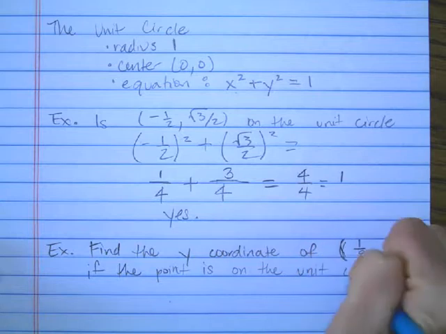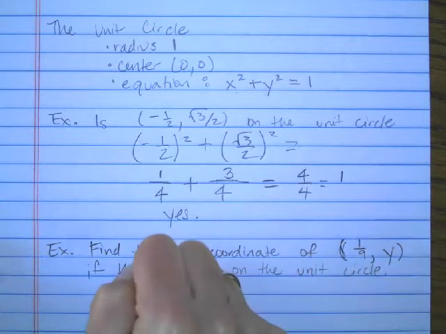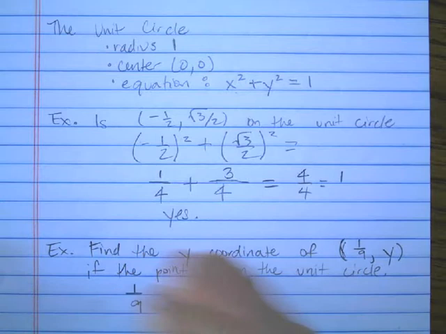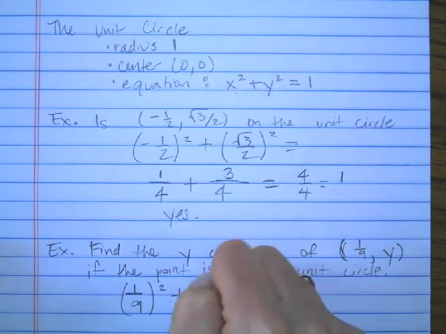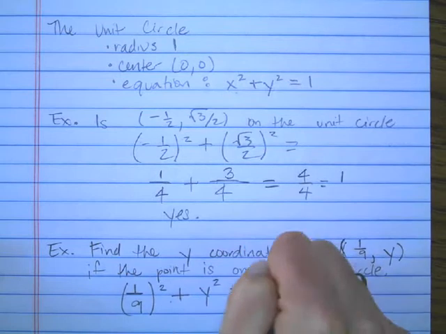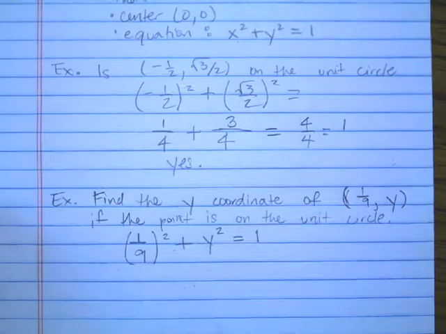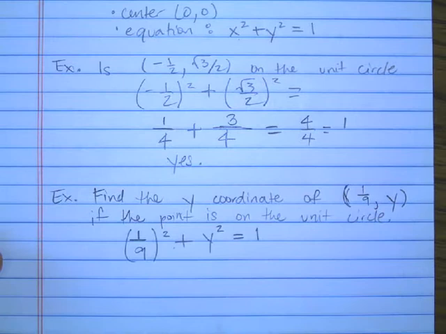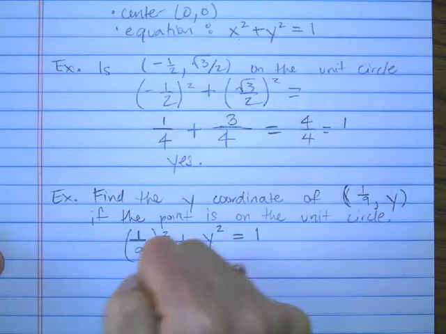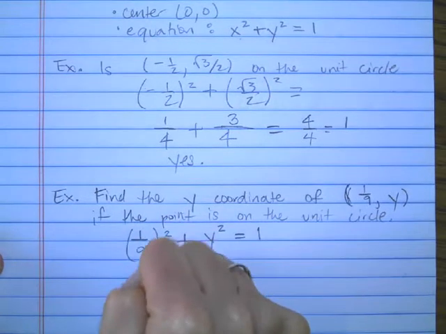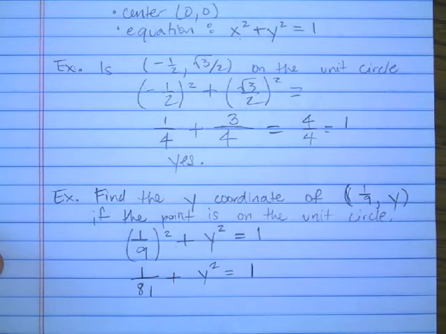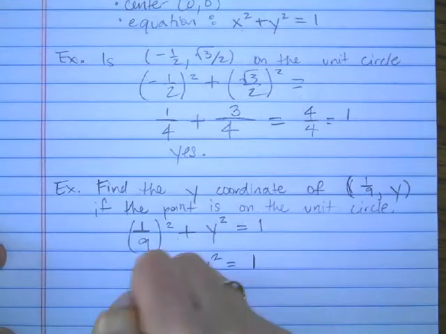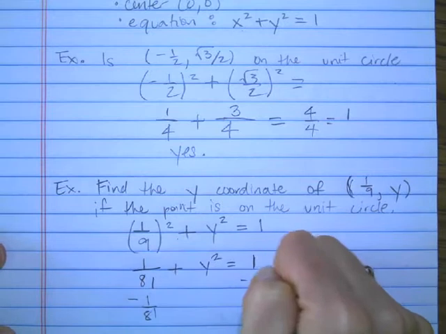So again, we're going to plug this in. So (1/9)^2 is 1 over 81, plus y^2 equals 1. Okay, so 1/9 squared would be 1 over 81 plus y^2 equals 1. So what do we do? Subtract 1 over 81 from both sides.